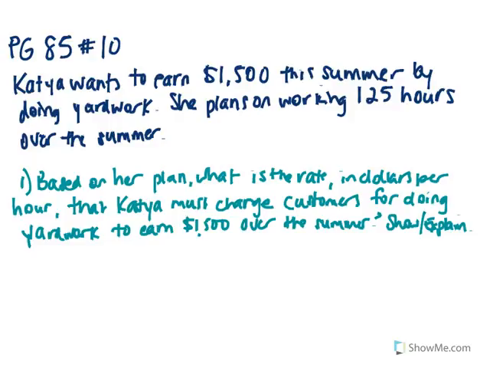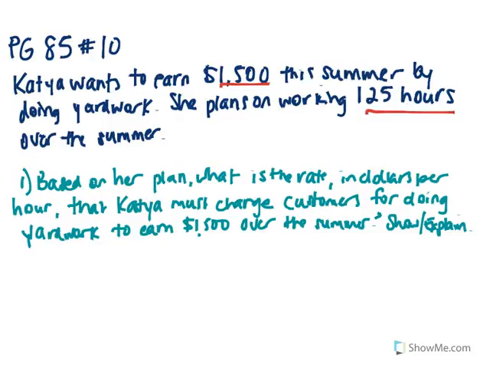an equation. So the question reads, Katya wants to earn $1,500 this summer by doing yard work. Okay, so she wants to earn $1,500 this summer by doing yard work. She plans on working 125 hours, so 125 hours over the summer.